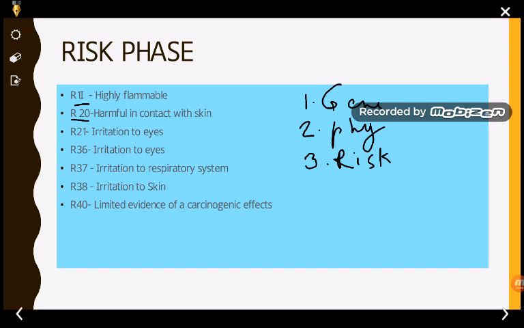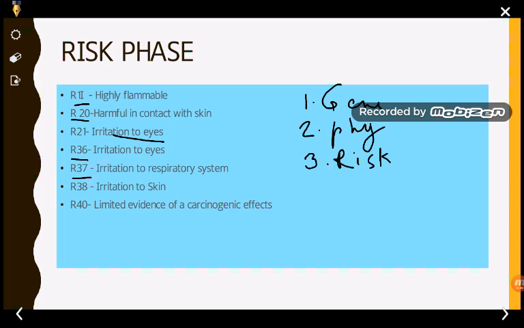Risk factor 21 is irritation of the eyes. If you come in contact with ethyl alcohol for a long duration, you will face irritation of the eyes. Risk factor 36 is irritation to the eyes, 37 is irritation to the respiratory system, 38 is irritation to the skin, and risk factor 40 is limited evidence of carcinogenic effects.